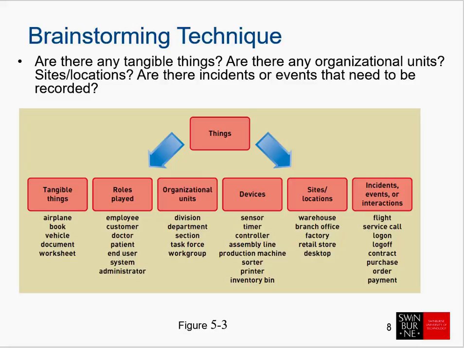For example, for each use case, what types of things are affected that the system needs to know about and store information about? The types of things shown in this figure can be used to systematically brainstorm about what types of things might be involved in each use case.